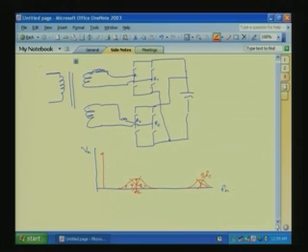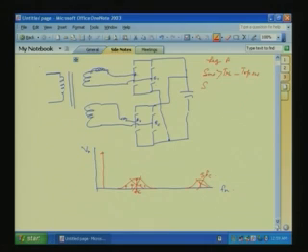So, last class we told for leg A, when the sine is greater than the triangle, top switch is on, then sine less than triangle, the bottom switch is on.